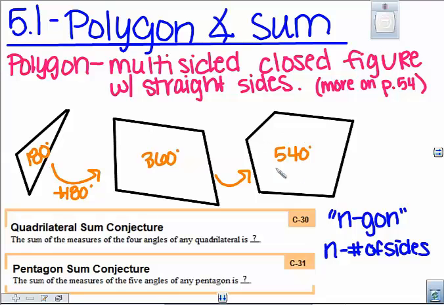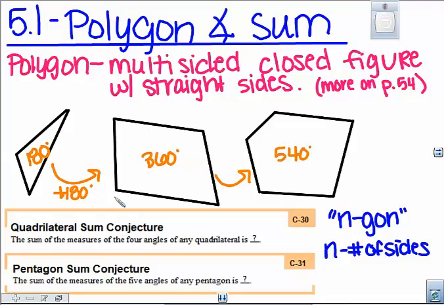They total 540. So if you're given 4 angles, you can add them together and subtract from 540 to get the 5th. Just like we've done a lot of practice with triangles. When we knew 2 angles, we added them together and subtracted from 180 to get the missing 3rd angle. You can do that with any polygon if you know the total that you're supposed to subtract from.